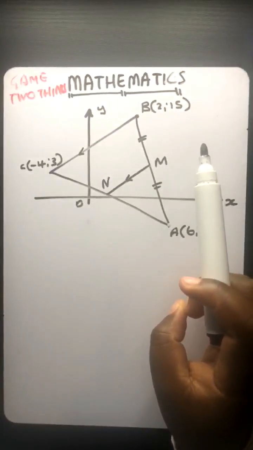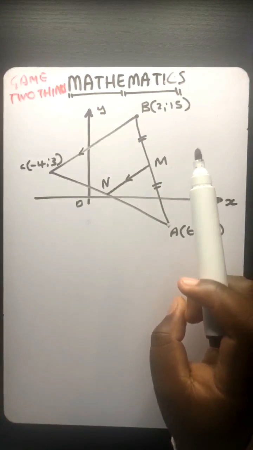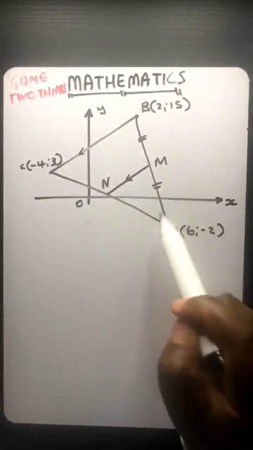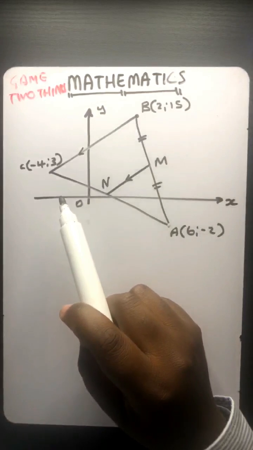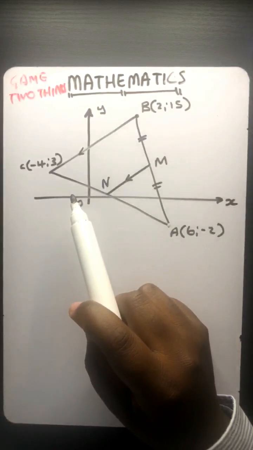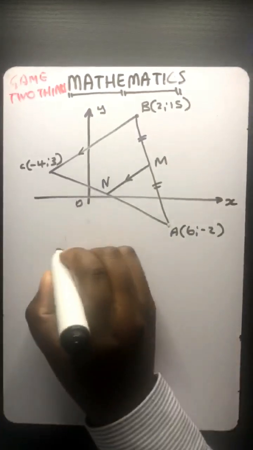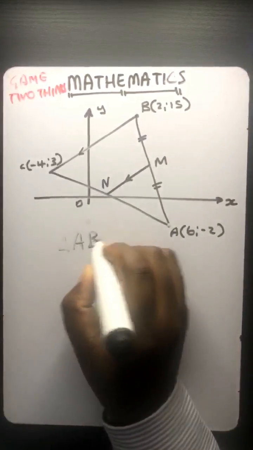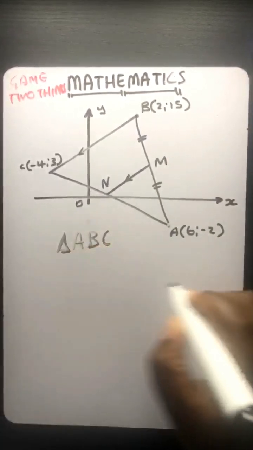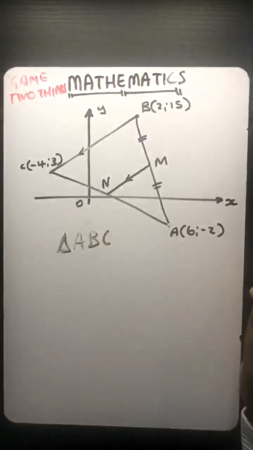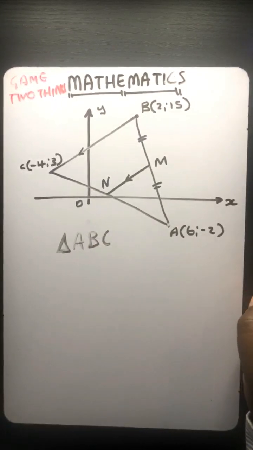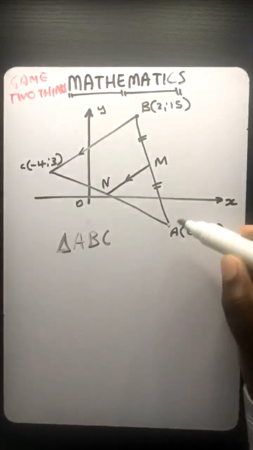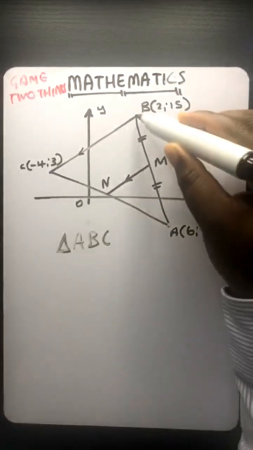Let's see. We know that is C and it makes sense. So they say A, B, C having those points are the vertices of triangle ABC. So when something is written like that, it means triangle ABC. So the statement says M is the midpoint of AB.